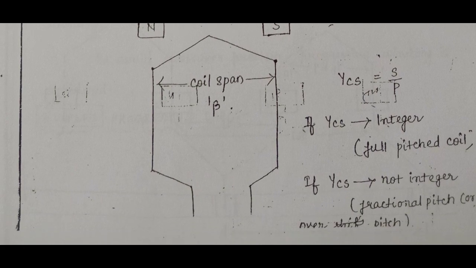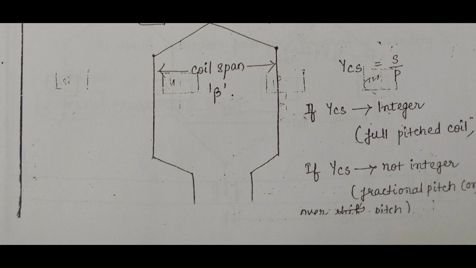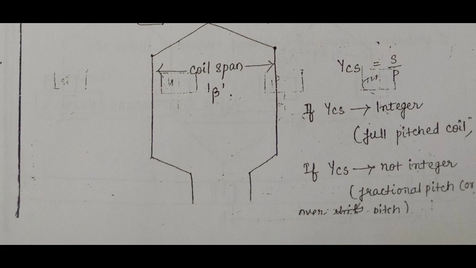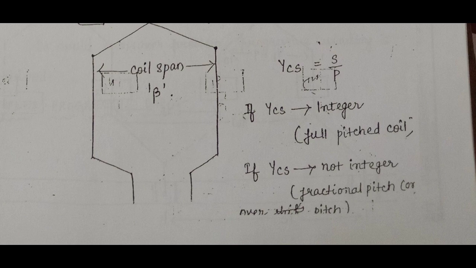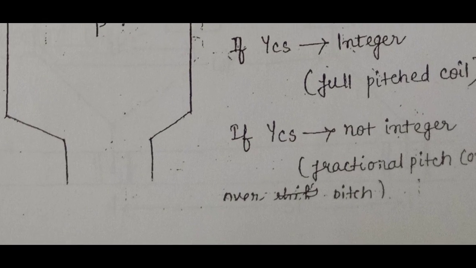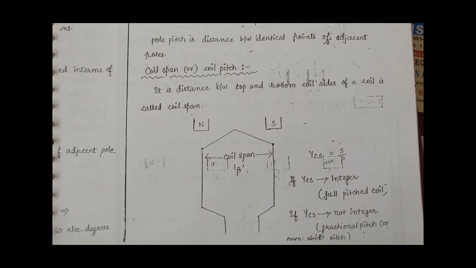North to south. Coil span is beta. If YCS equals pole pitch, it is a full pitched coil, if YCS is an integral value; if not integral, it is a fractional pitch coil.